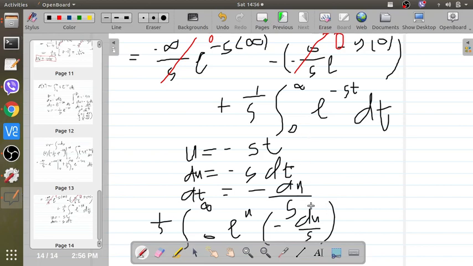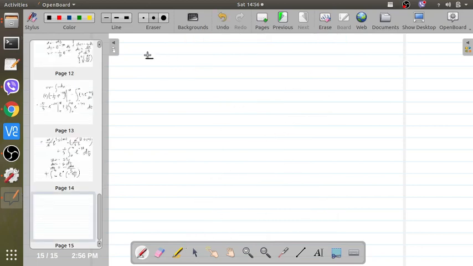Since 1 over s is just a constant, we can take it out. So it becomes negative 1 over s squared integral from 0 to infinity of e^u du.